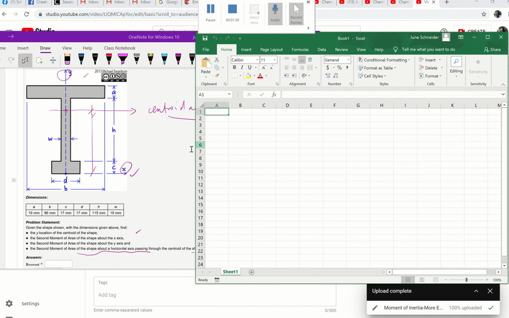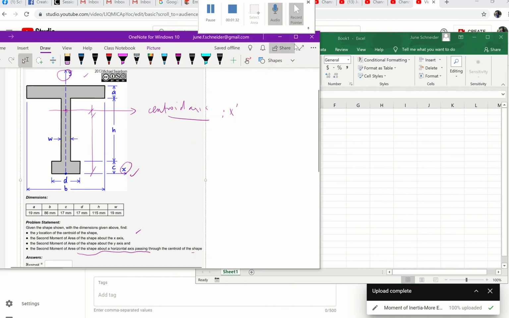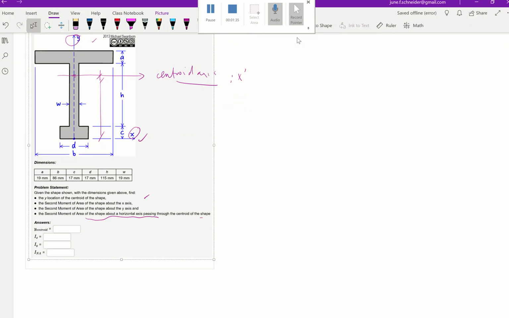For this, we know the centroid is quite easy to do. Looking at the formula, x bar is the summation of x tilde delta A over the summation of all those areas. But we're not solving x, because the centroid is going to be here, so x is equal to 0.